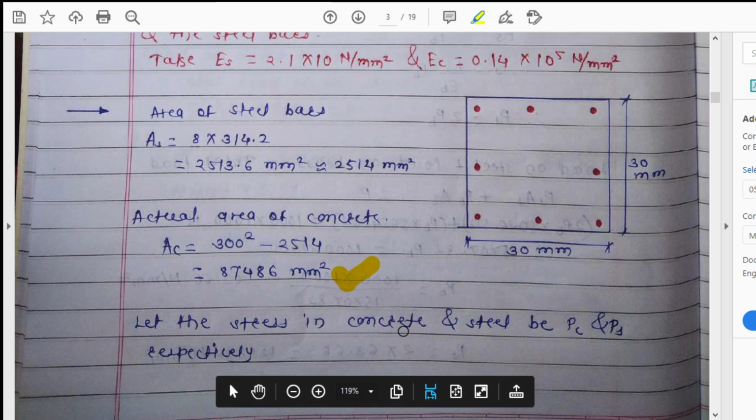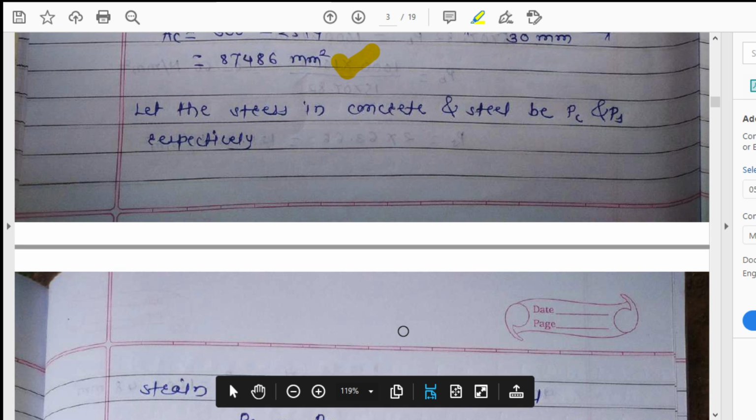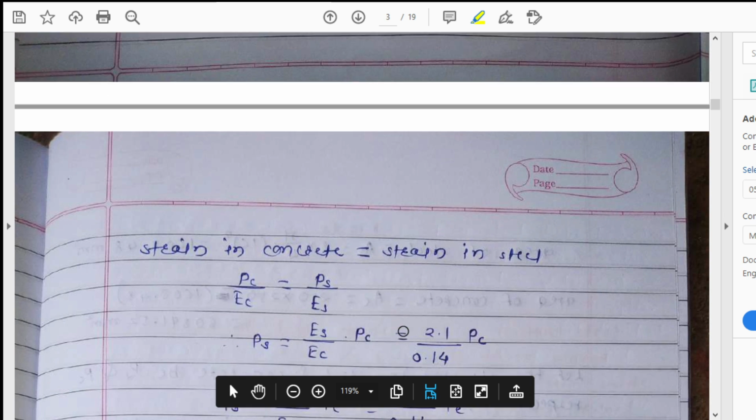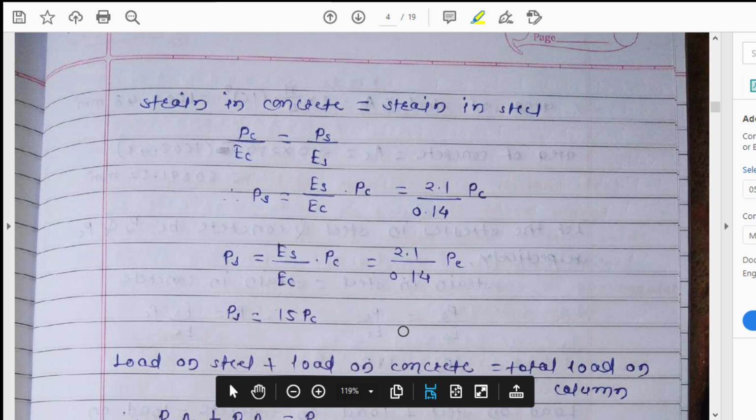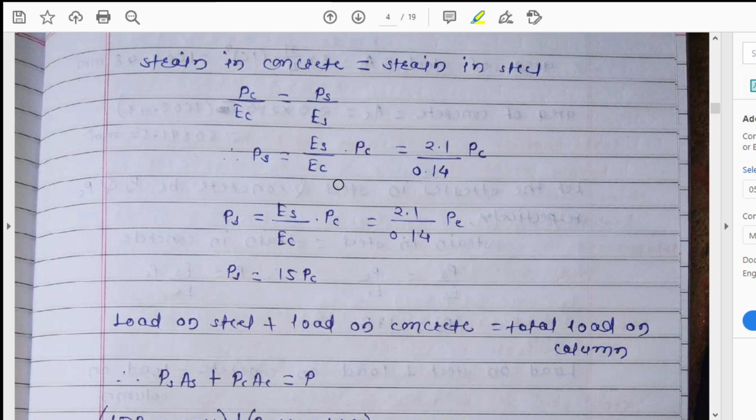Now the stresses in steel and concrete will be assumed as PS and PC respectively. By using again the formula of compound sections, the strain in concrete will be equal to the strain in steel.